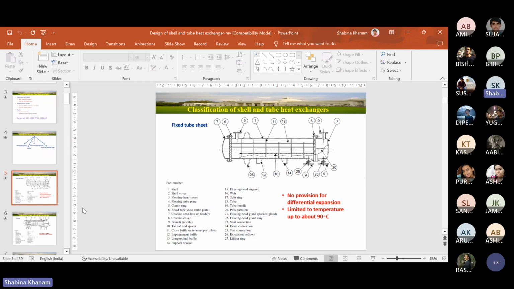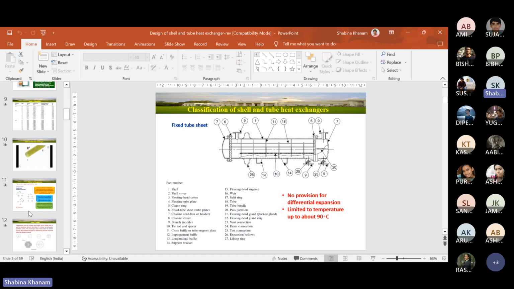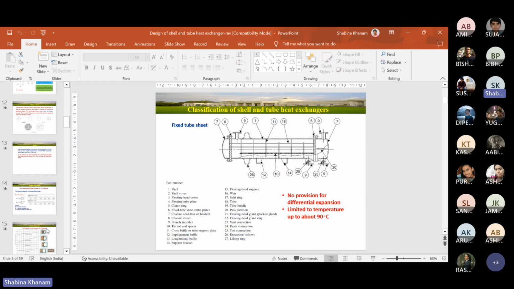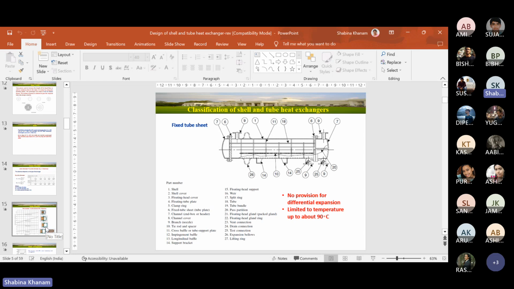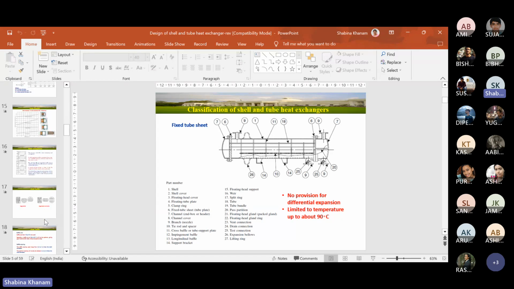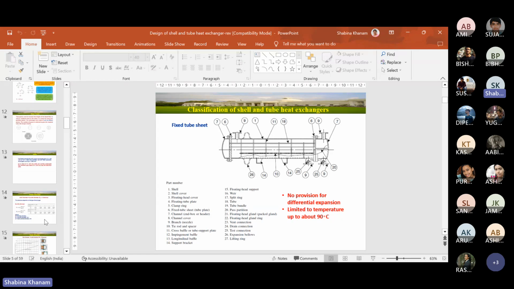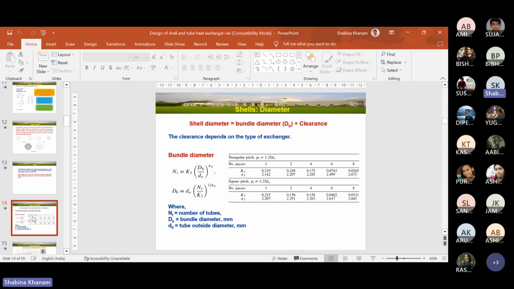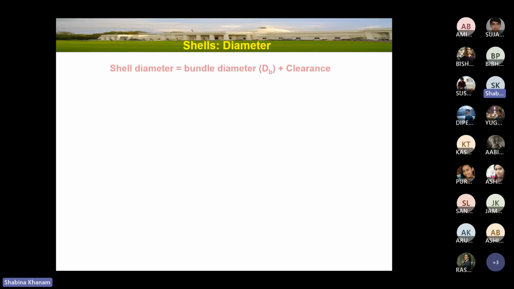So clearance means the space between the outer tubes of the bundle and the shell inner dia. We have seen in the internal floating head that this clearance is very high. Therefore, we need to switch the internal floating head to an external floating head, right? That we discussed in the last class.